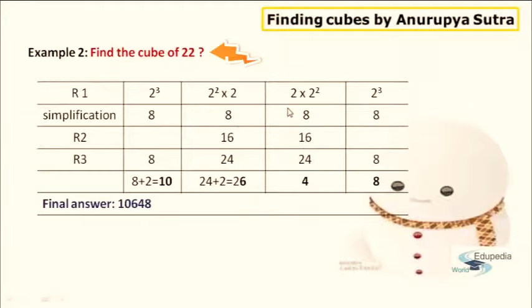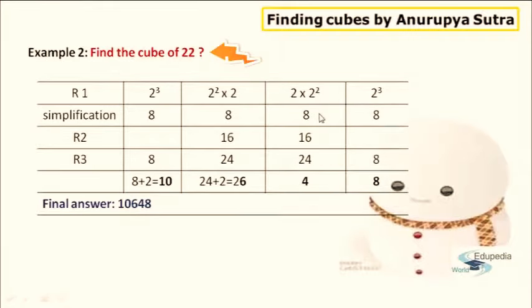Now moving to the third part, here we have to multiply the digit in the tens place with the square of the digit in the ones place. So here in the example 22, we have 2 in both the tens place and the ones place. Therefore, 2 into 2 square is equal to 2 into 4, which is equal to 8.